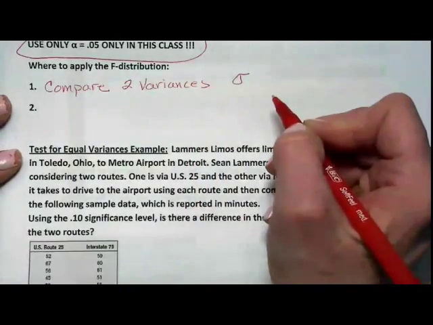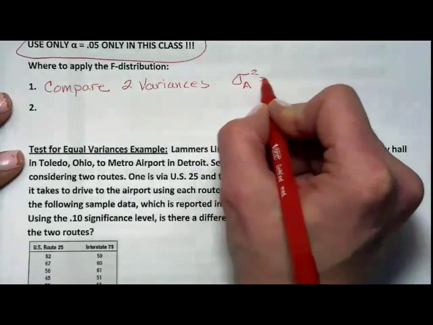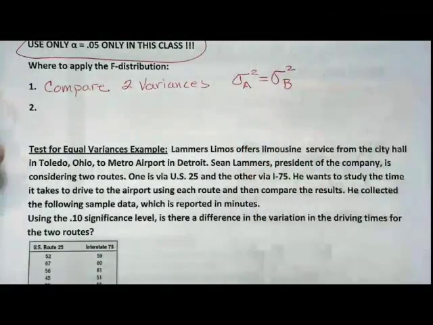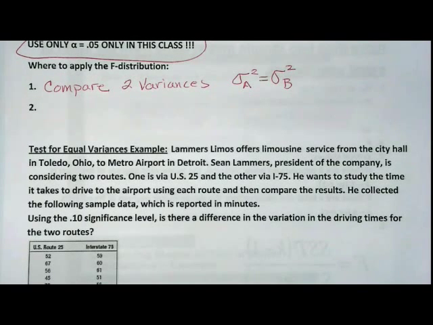Maybe the variance of machine A versus the variance of machine B, the thickness. We know the means are equal, but we want to know if the variances are equal. That happens to be the null hypothesis. And that we use the F table. By the way, the F table is the 3rd table in your reference area on Blackboard.